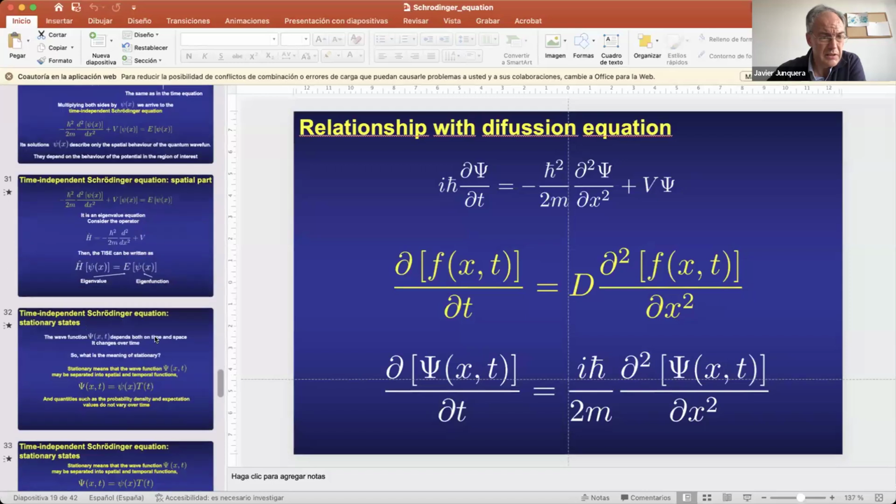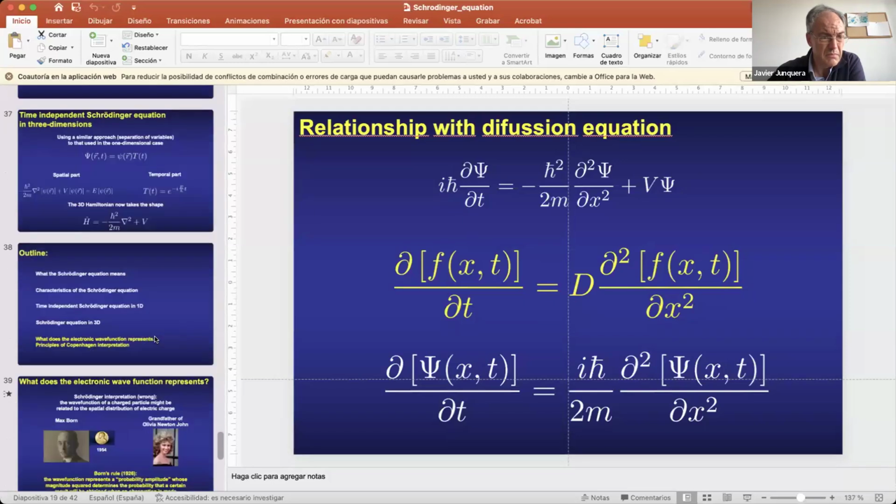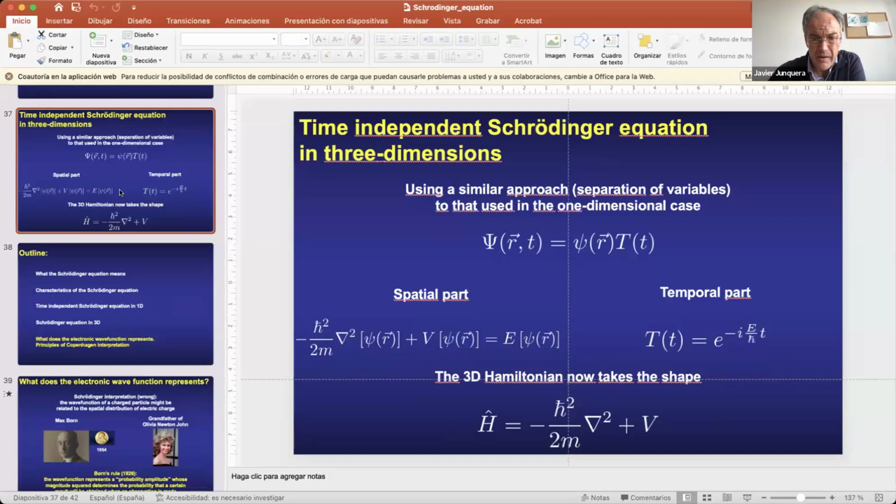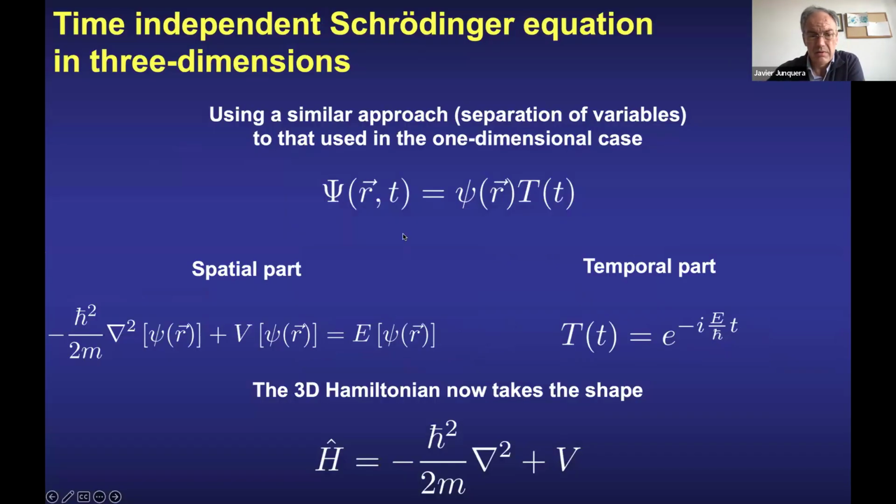Okay. So in 3 dimensions, you have essentially the same. You can play the same game as before, and then you can end up here with a solution for the temporal part and another solution here for the spatial part. Okay, and this is in 3 dimensions.